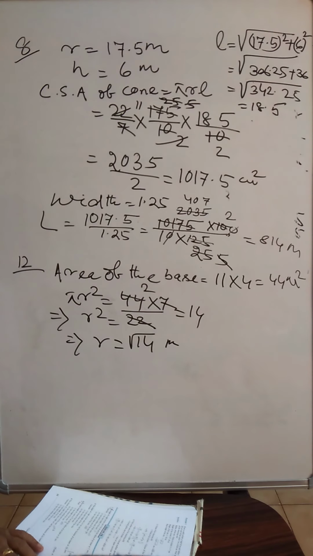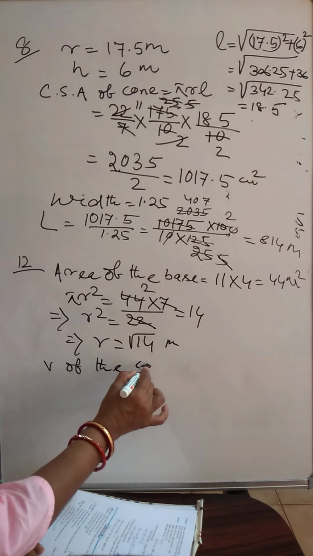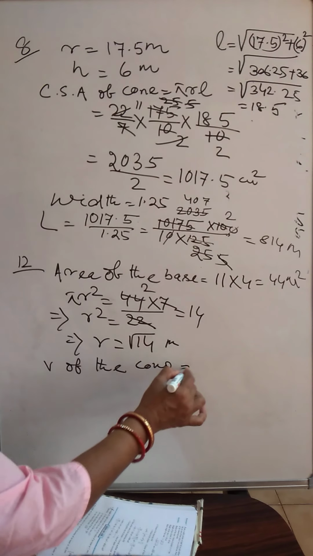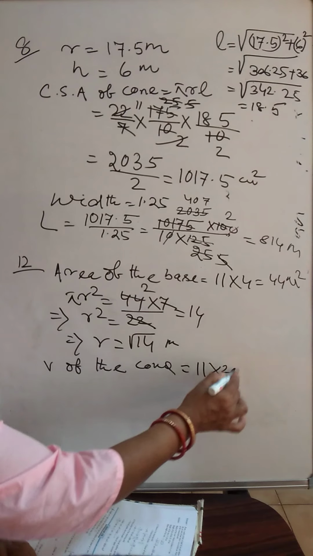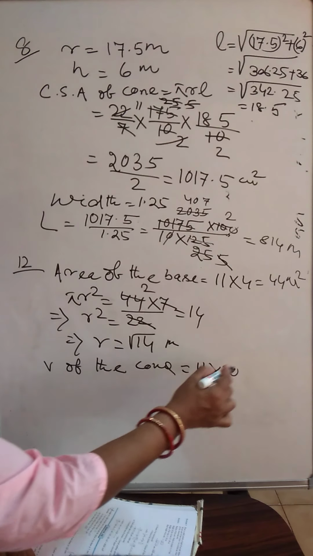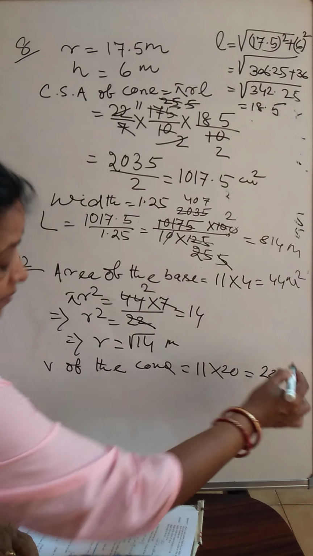Now volume of the cone is 11 into 20. Why? Because it is given that 20 meter cube of air is breathed by one person. So 11 will require 11 into 20 meter cube.